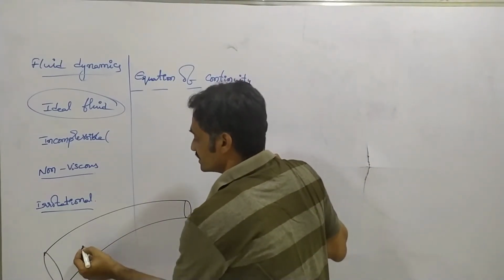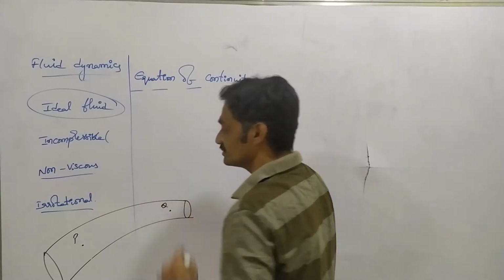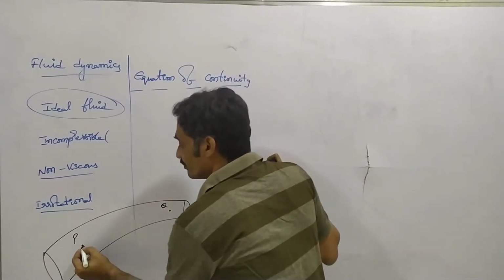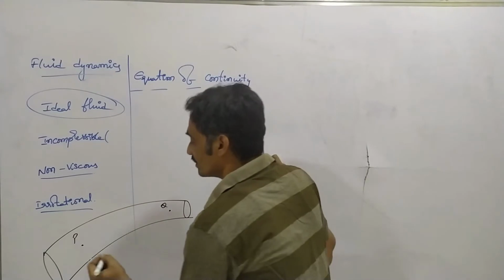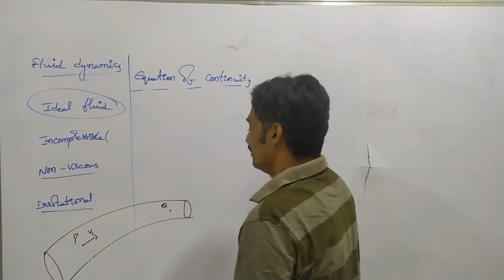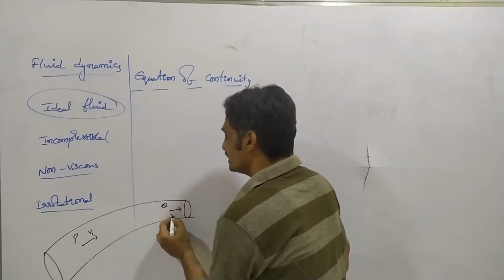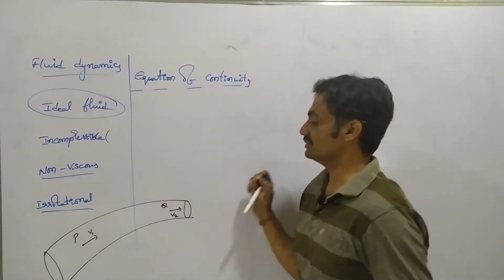Here we consider two points, one is P and the other is Q. When a molecule in the fluid crosses the point P, it moves with velocity v1. When the same molecule crosses the point Q, it moves with velocity v2.